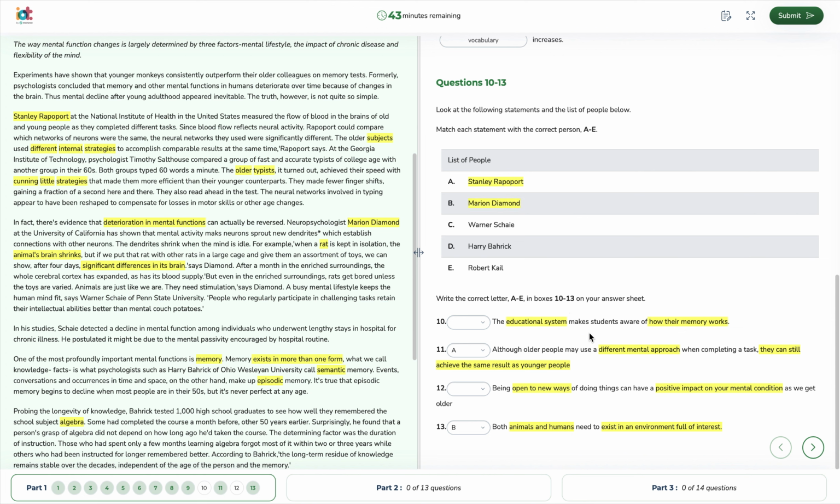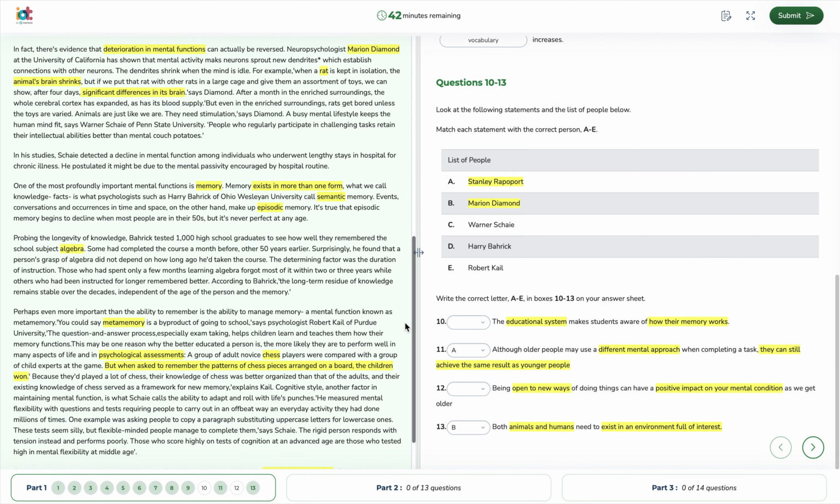The education system makes students aware of how their memory works. They are talking about the education system. If we go down, we have seen somewhere here the person talking about that. Just take a second and see where they talked about it. Over here, you got it right.